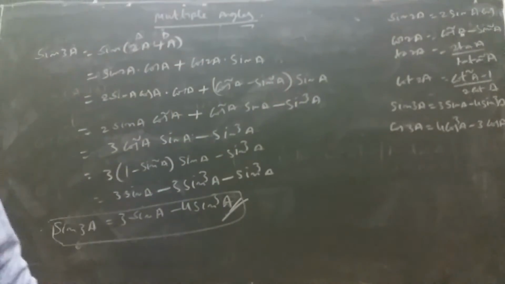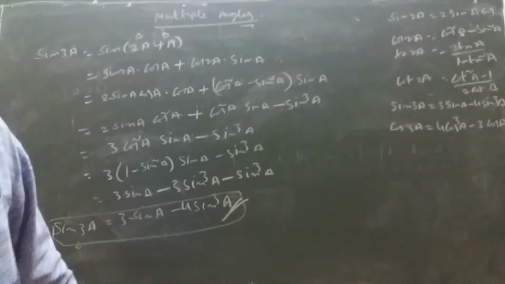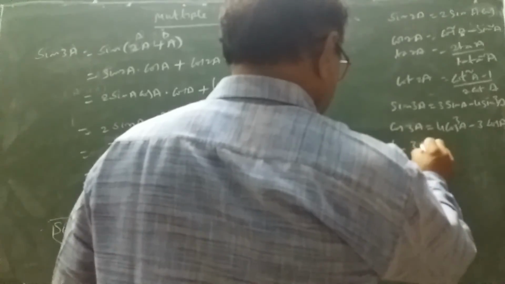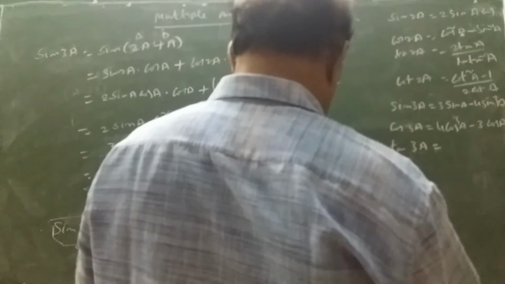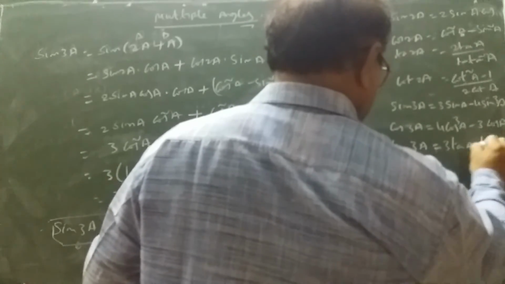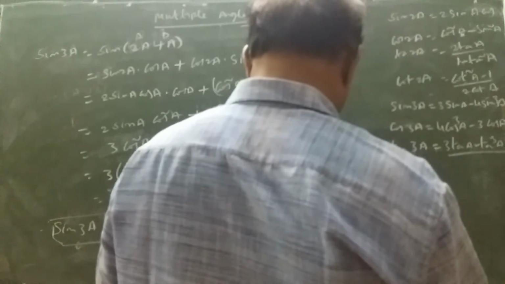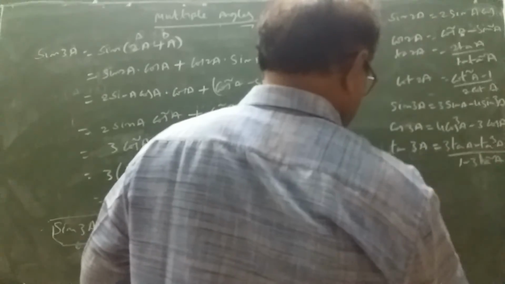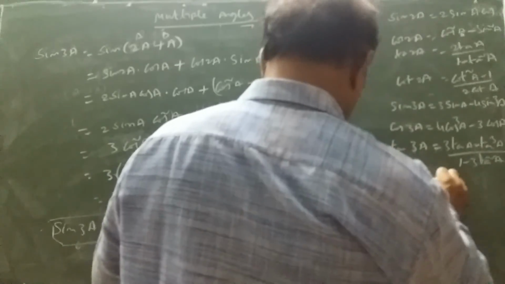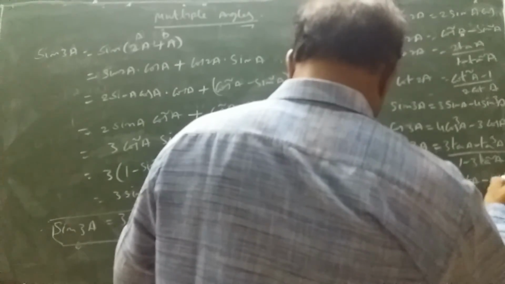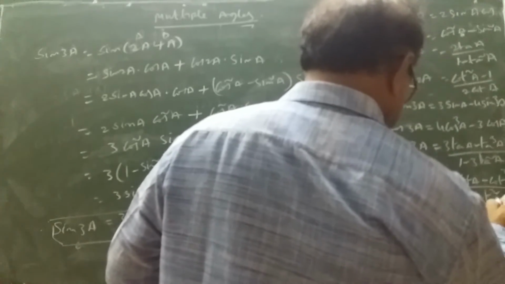Similarly, tan 3A is equal to 3 tan A minus tan cube A by 1 minus 3 tan square A. Similarly, cot 3A is equal to 3 cot A minus cot cube A by 1 minus cot square A.